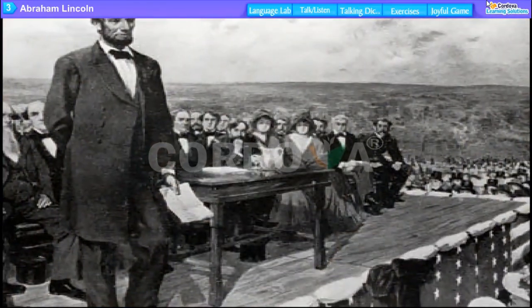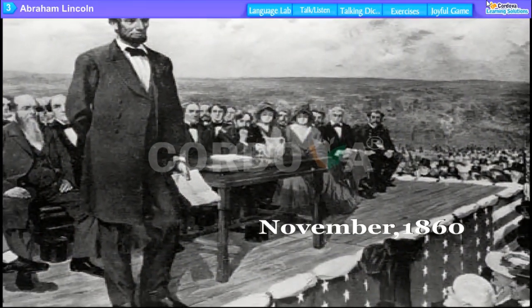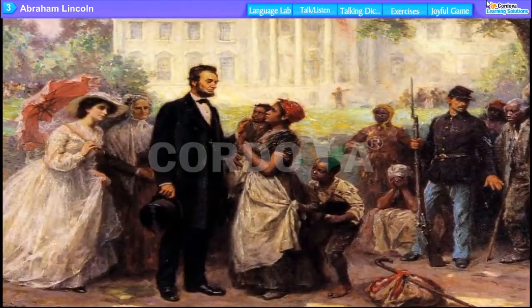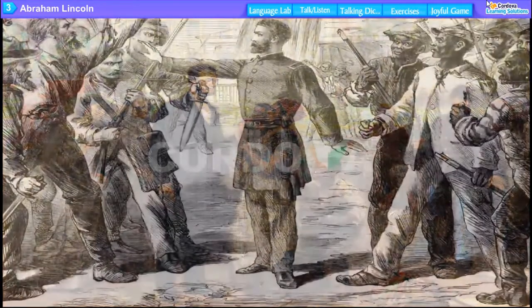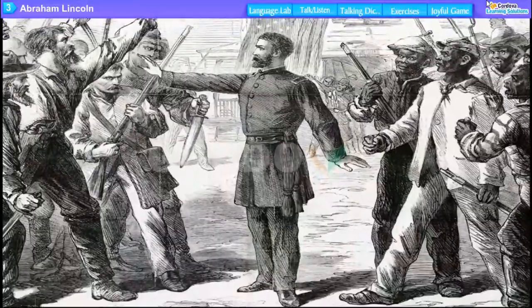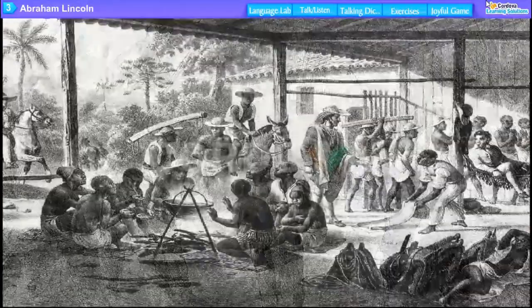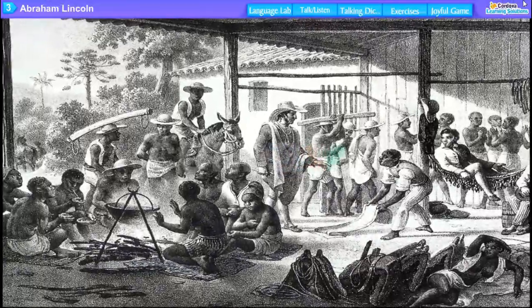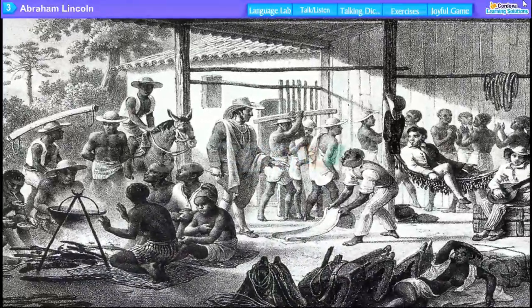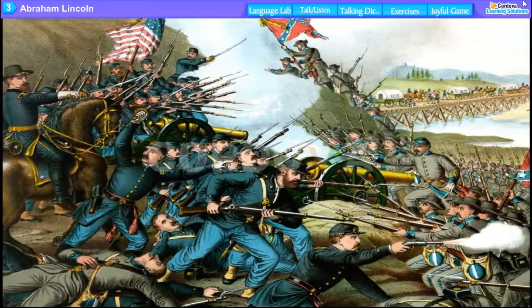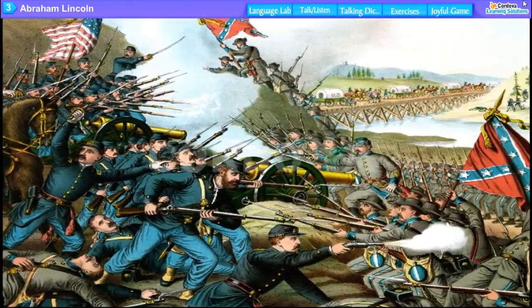Lincoln was elected president in November 1860. He wanted to solve the problem of slavery. During Lincoln's presidency, the southern states seceded from, left, the Union because they were against the abolition of slavery. On the other hand, Lincoln and the northern states were against slavery. 6 weeks after becoming president, the Civil War began.